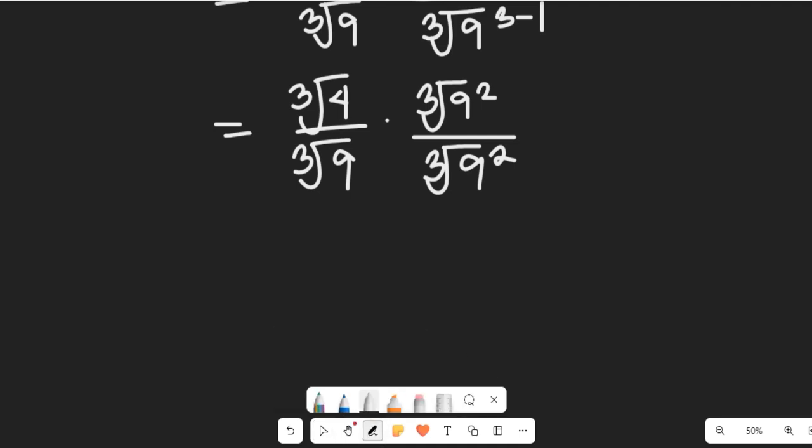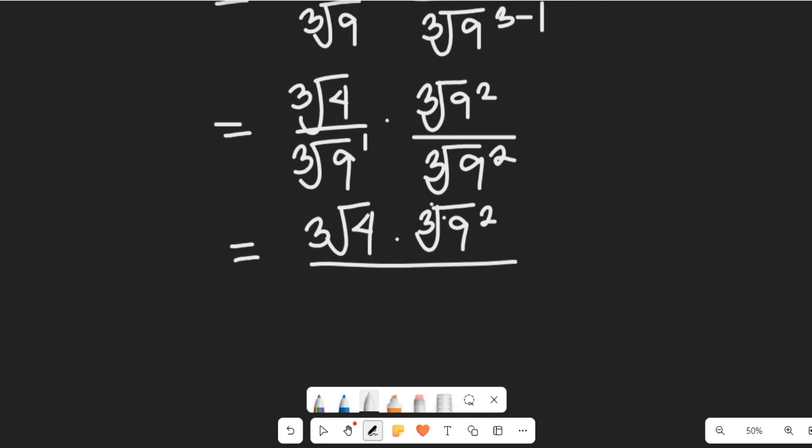So if I multiply those two expressions, this becomes the cube root of 4 multiplying the cube root of 9 squared, all divided by, if the denominator multiplies, the cube root of 9 to the power of 1 multiplying the cube root of 9 to the power of 2.